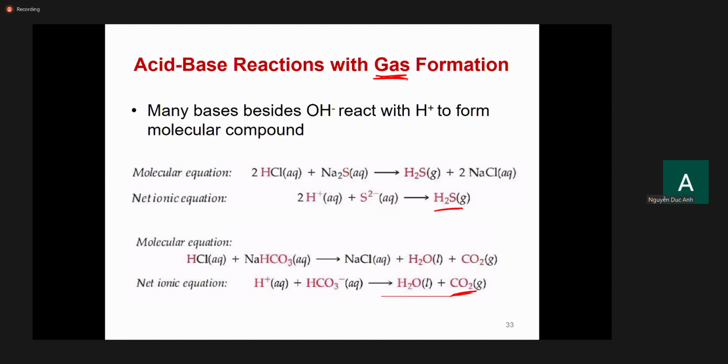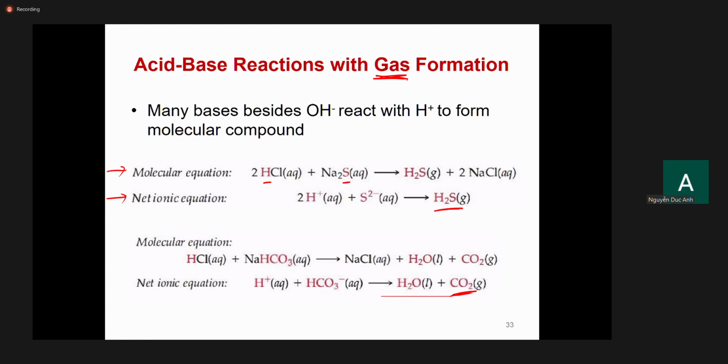This reaction can be written as a real reaction, in which you can write down the molecular equation and the net ionic equation too. Very simple in the case of an acid like HCl and a salt like a sulfate.